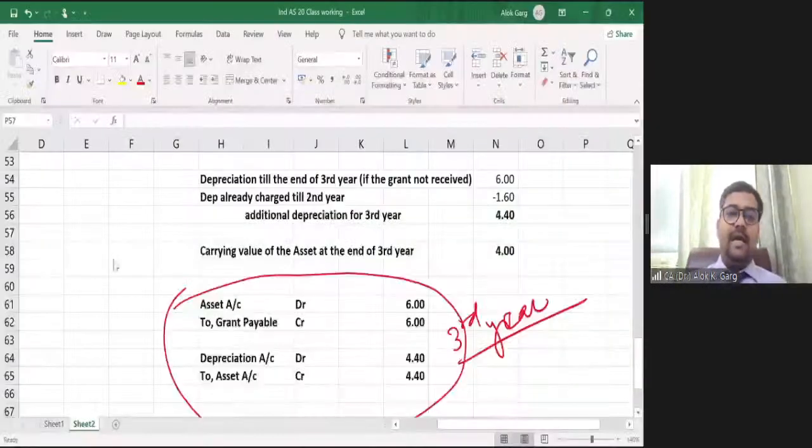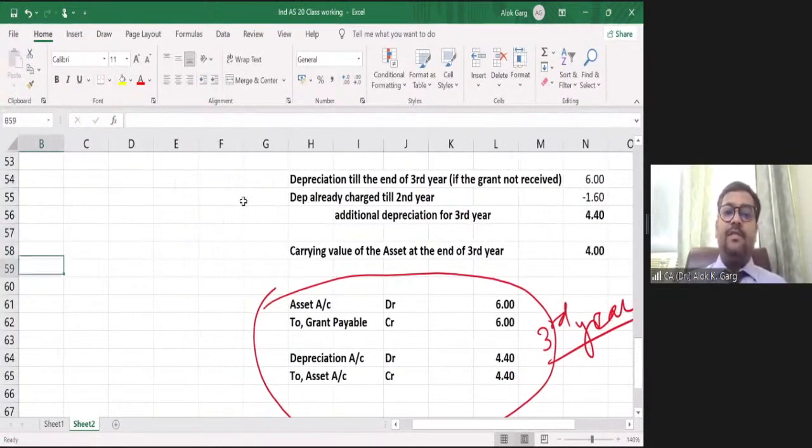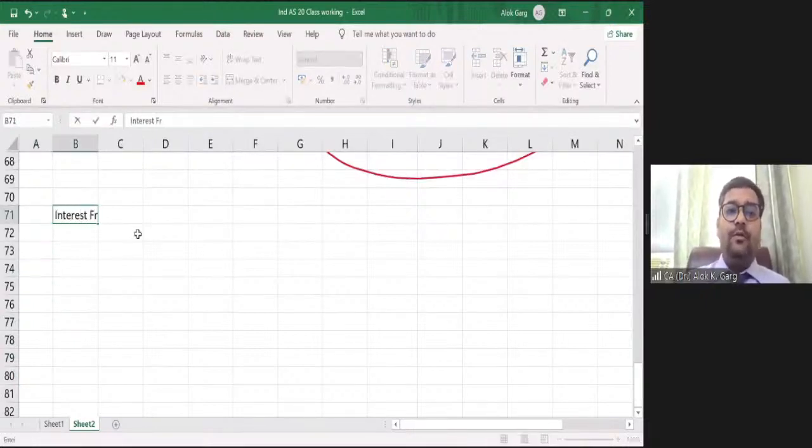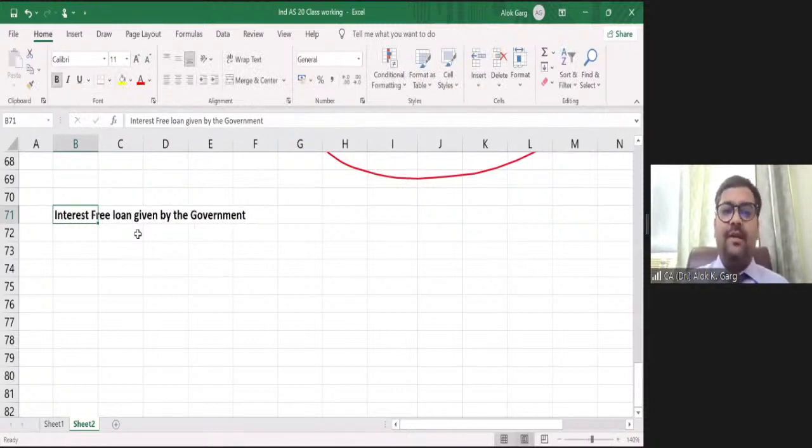So guys, I'm just discussing a government grant which is related to an interest free loan given by the government. And the same formula applies to concessional rate loan also. Interest free loan given by the government.